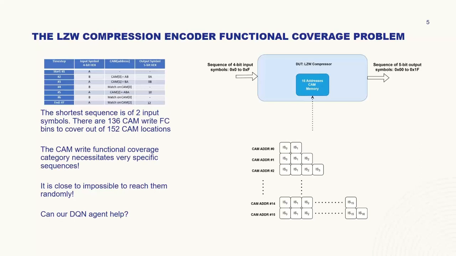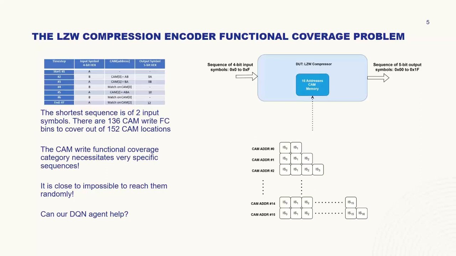And mostly in an LZW compressor, what you will find is a CAM, content addressable memory, which keeps sequences of symbols occurring on the input. And when a sequence occurs here, instead of outputting the input data, it outputs the CAM address.